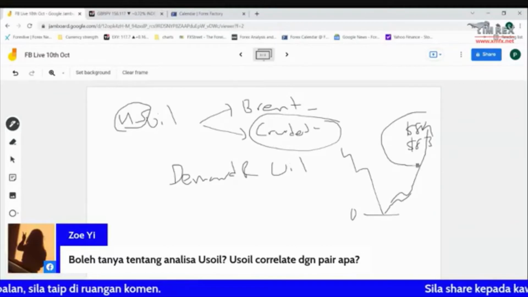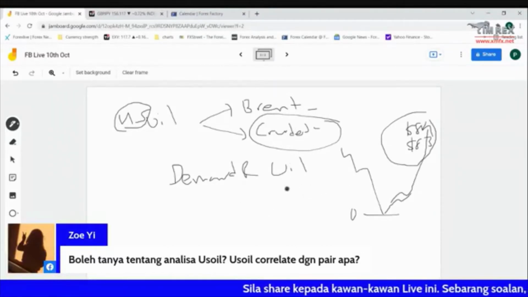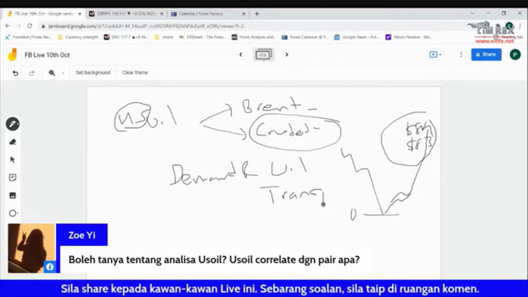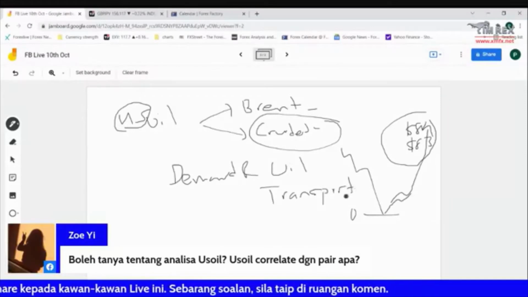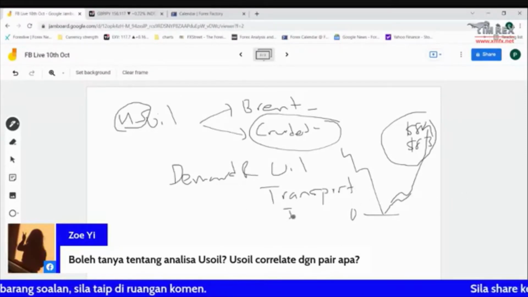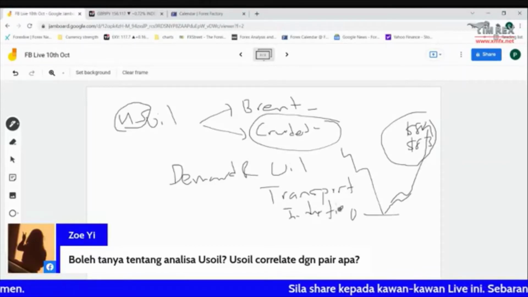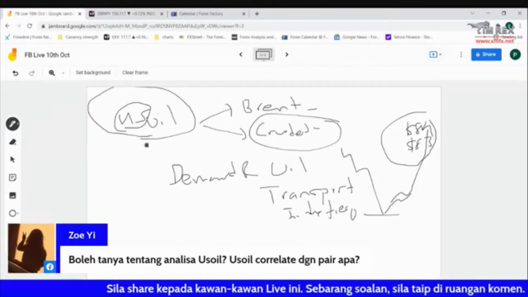Okay, this is because oil is used in everything, but mostly in transport, like our vehicles, in industries, and in aviation. Oil is like a stock market.